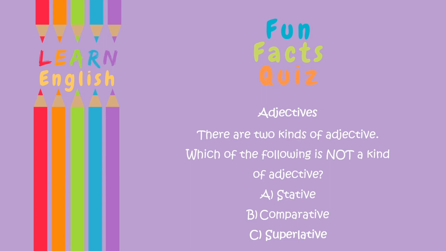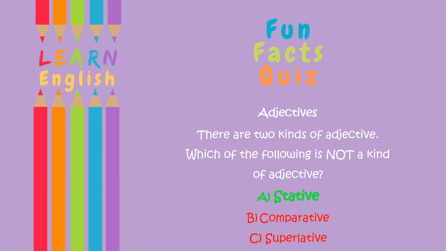The answer is that stative is not a kind of adjective. As we know, adjectives can be comparative, our ER adjectives comparing two things, or they can be superlative, our est adjectives comparing the noun to everything else. Well done if you got that right.